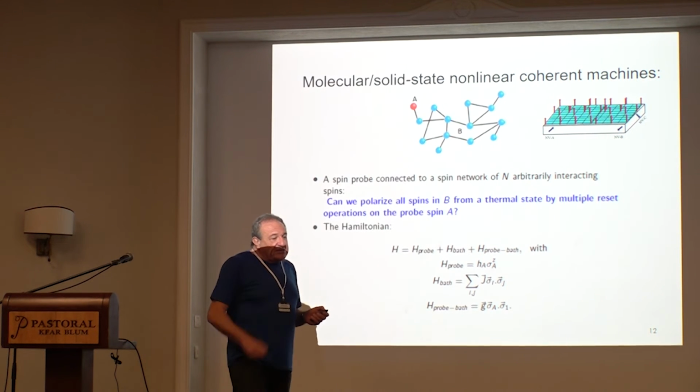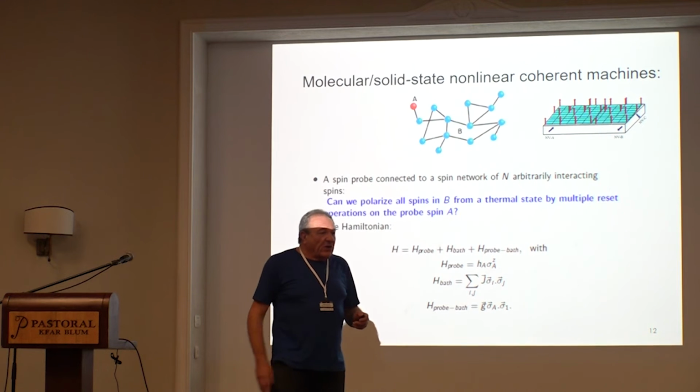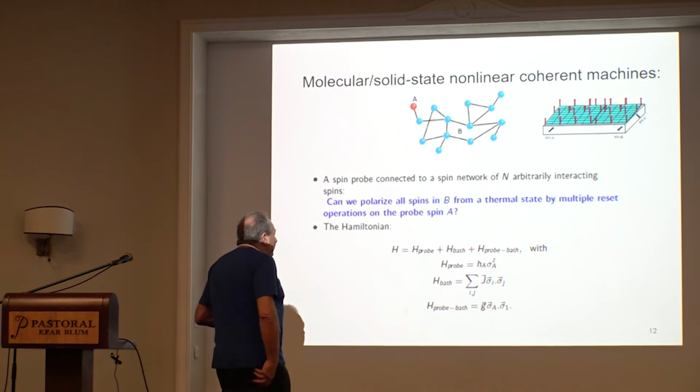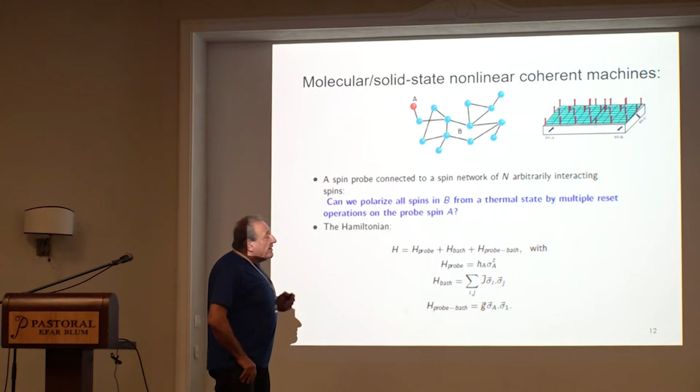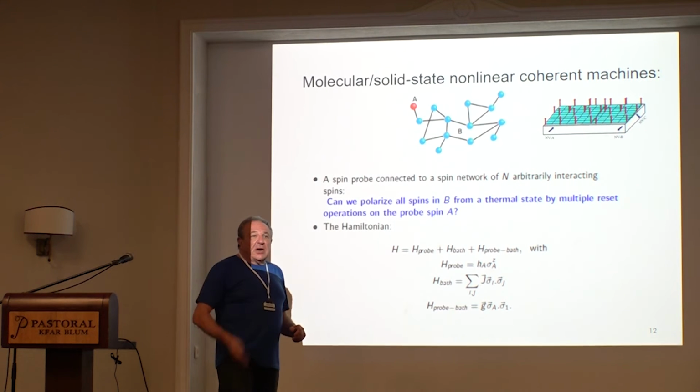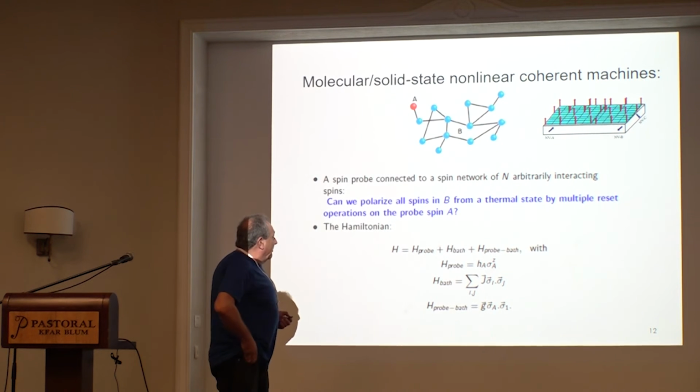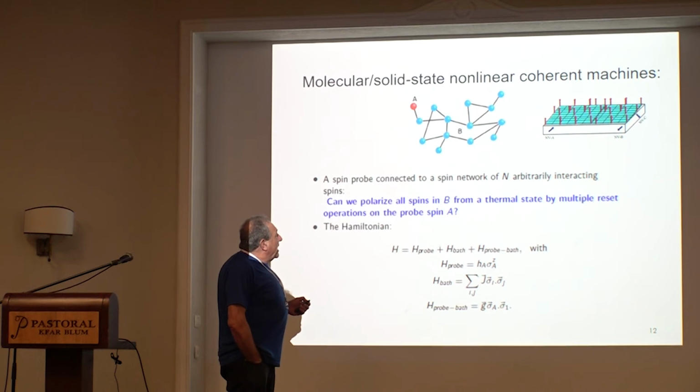But still, we were looking for other realizations of the same idea, and we looked at spin networks, such as the one that Eugene Demler was talking about. So suppose we have a spin network which is coupled to two spin probes. Here there are these NVA and NVB.